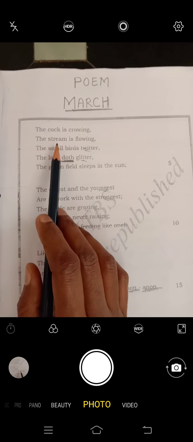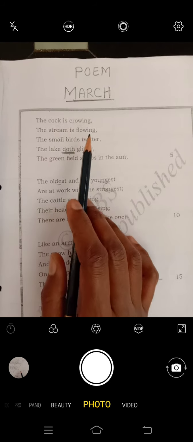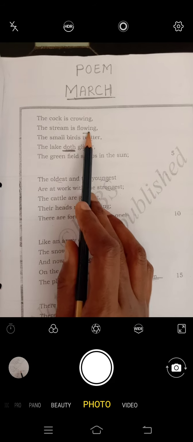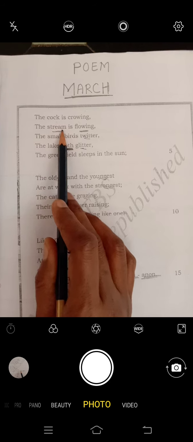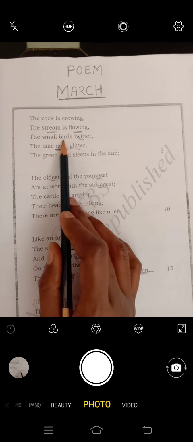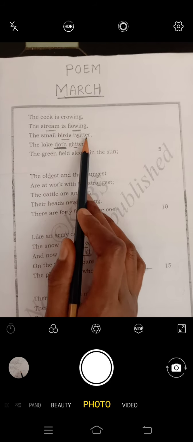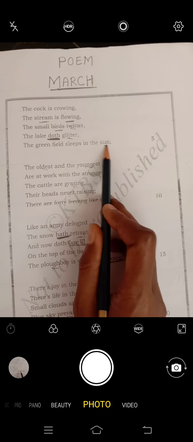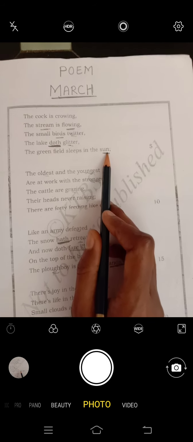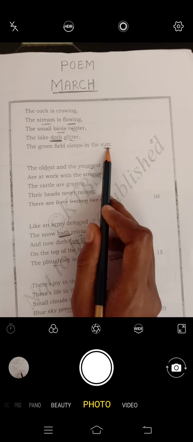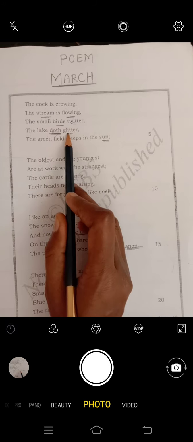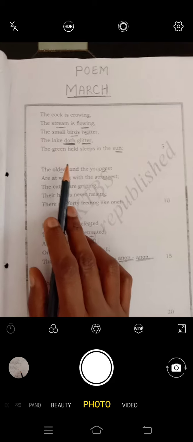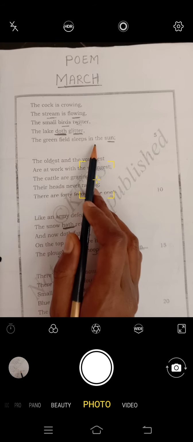At the same time, the poet wants the reader to visualize the flowing stream and the birds chirping or twittering around. The sun that moves over the lake makes it glitter. It means makes it shine.